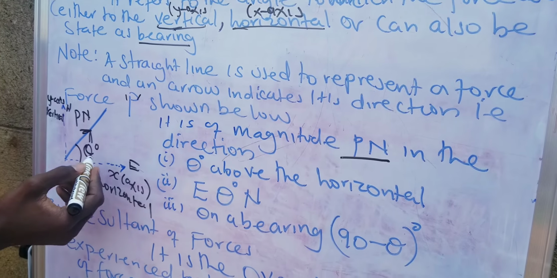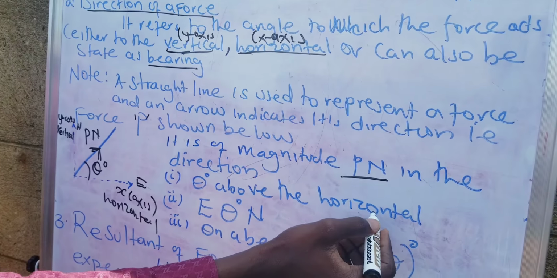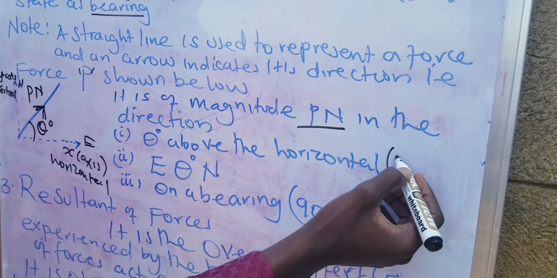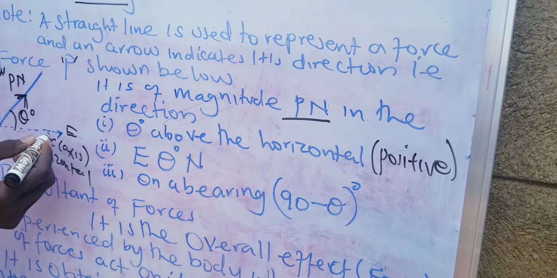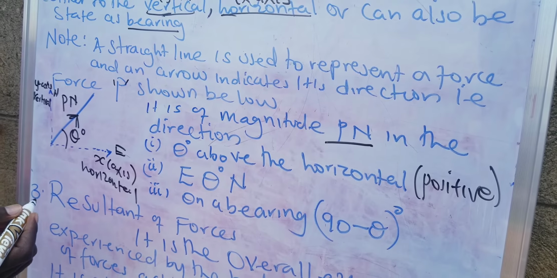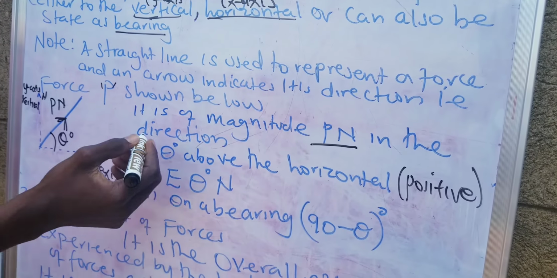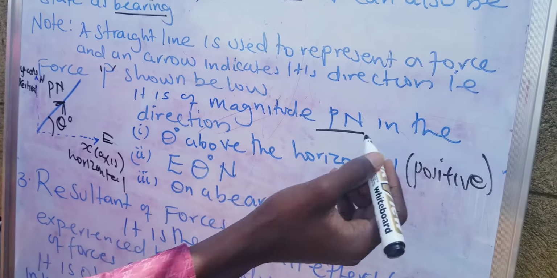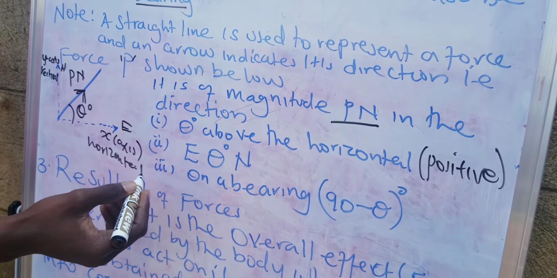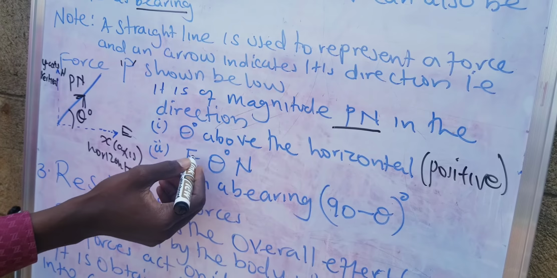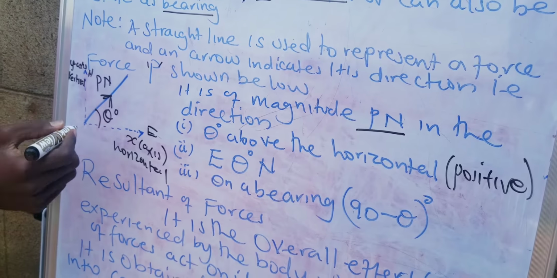We can simply state that it is in the direction theta degrees above the horizontal, and in this case we are dealing with positive horizontal. We are going to see what we call the positive horizontal and negative horizontal. So in this case, we only have the positive horizontal. So you can say it is theta degrees above the positive horizontal, or you can talk about its bearing by simply saying that it is east theta degrees north, because we are moving from the east going to the north.